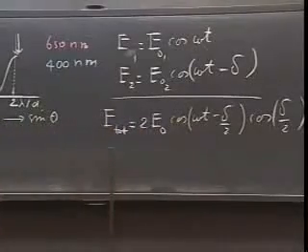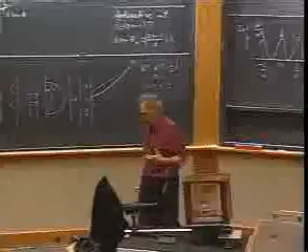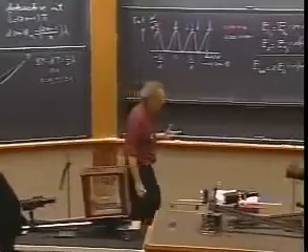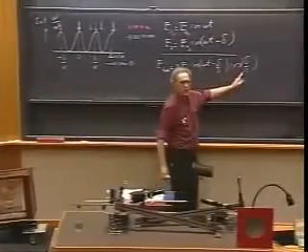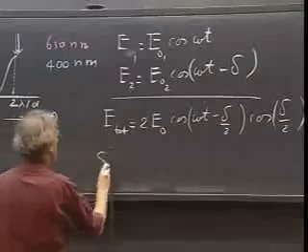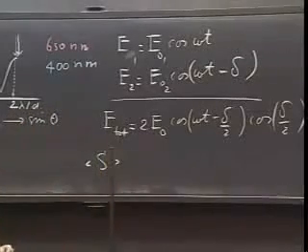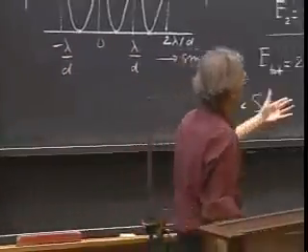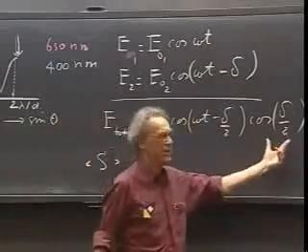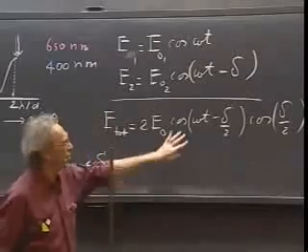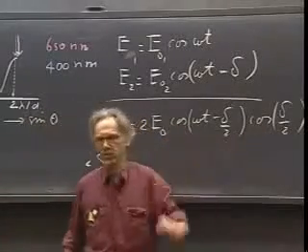And now you see why the light intensity is proportional to cosine square delta over 2. Because when you calculate the mean value of the Poynting vector, you have to take E cross B. And B also has this term, so you get the square of this term.